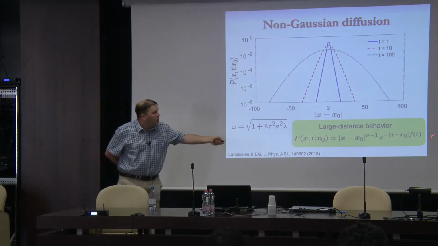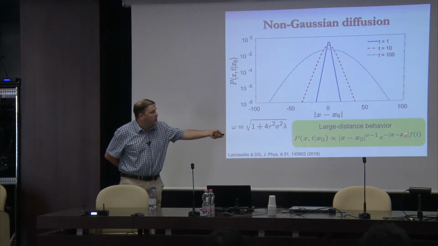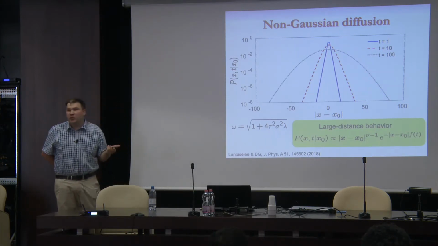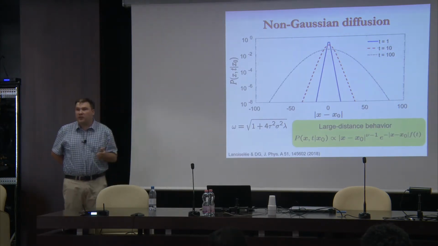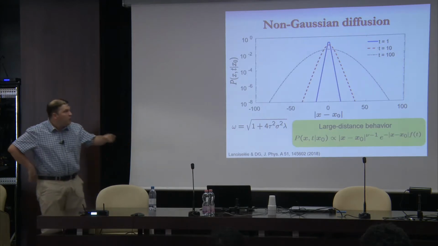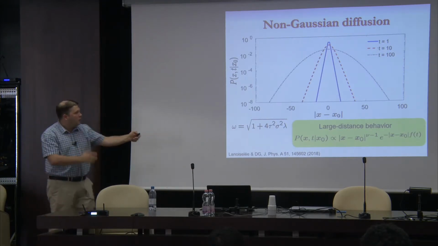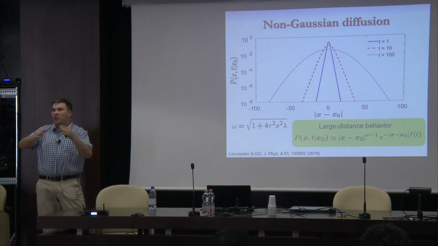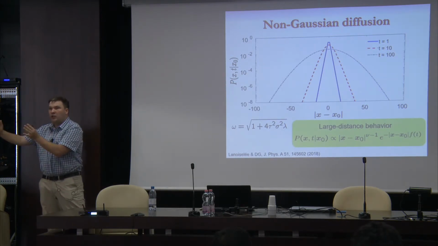Again, for the Gaussian case, you would have a square here and 1 over t, so it would be very simple. But in this case, it's not so simple, but it's fully explicit. For large time, you have all the asymptotics of this function. So for large time, the propagator in this region becomes closer to the Gaussian. So at long time, you have a transition to the Gaussian regime.